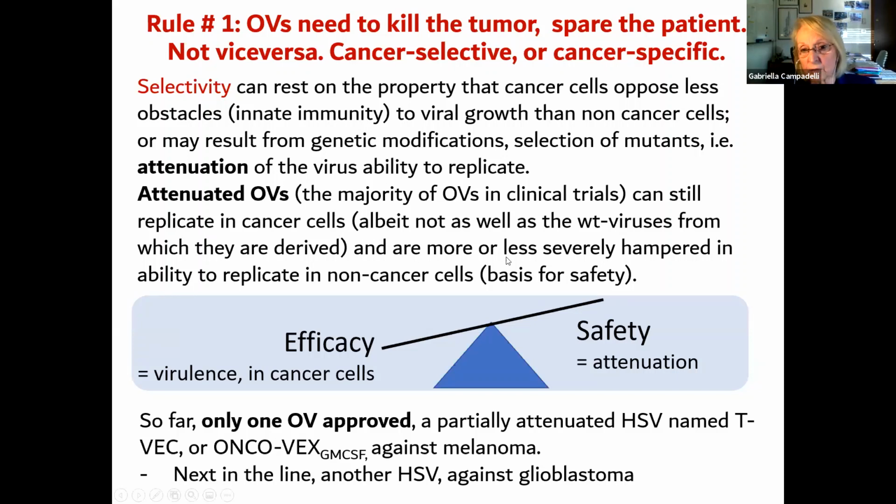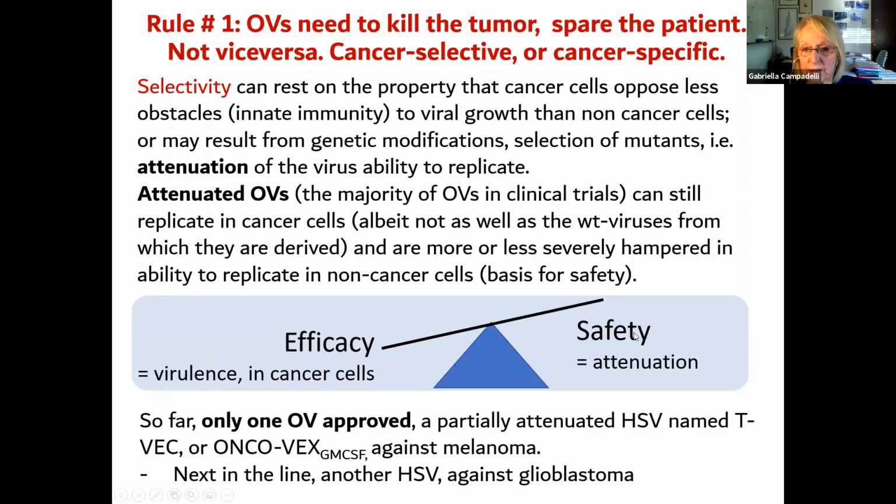And they are more or less severely hampered in their ability to replicate in the non-cancer cells. The extent of infection in non-cancer cells causes toxicity, and this is clear. So there is actually an equilibrium between safety, which results from attenuation, and efficacy. Efficacy results from having a virus which keeps its virulence.